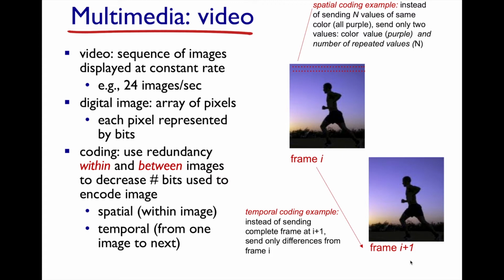Right? So within a single frame, in this example, the scenery above the sky, those pixels are for the most part very close to one another over a short span. So with so-called spatial coding, instead of sending every single pixel, each one being the same value, it compresses that into two things, namely a color value and a number representing how many occurrences of a pixel at that color.